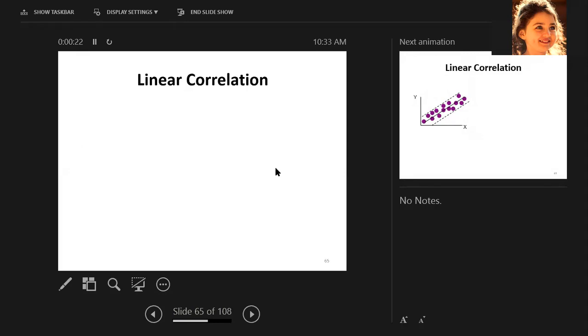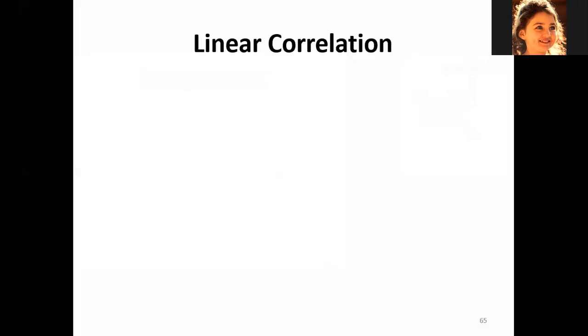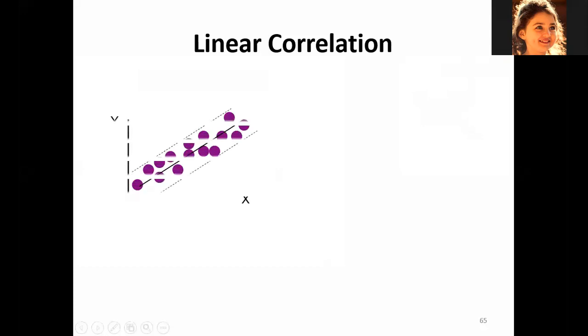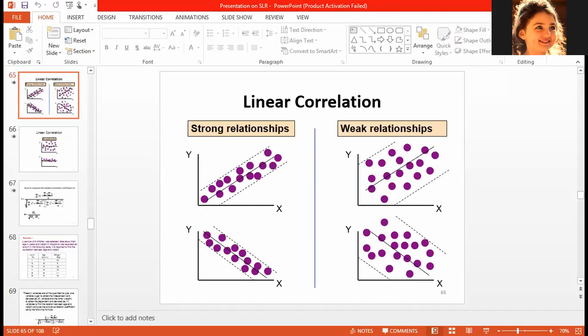Last time we stopped at the correlation. We discussed correlation, and we said linear correlation we can talk about in terms of the strength of the relationship.